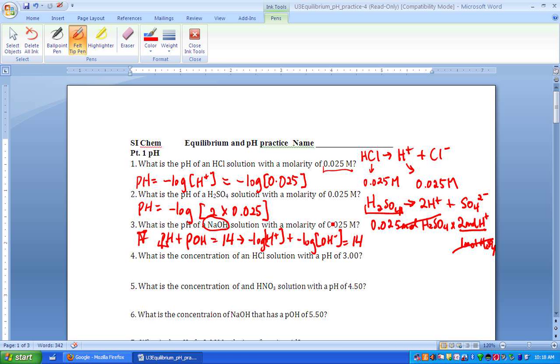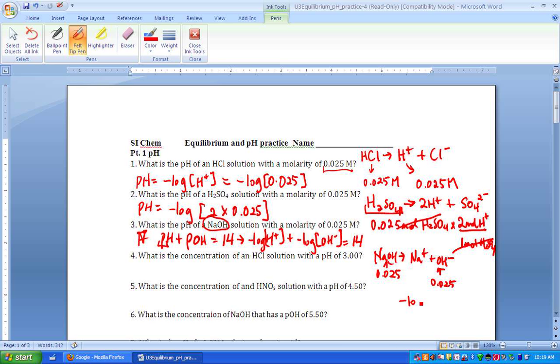Because they give you the molarity of the base, you can go ahead and find the pOH of that by simply taking the negative log of this value. Because NaOH splits into Na+ and OH- in a 1-to-1 ratio, if you have 0.025 M of this, you get 0.025 M of the hydroxide.